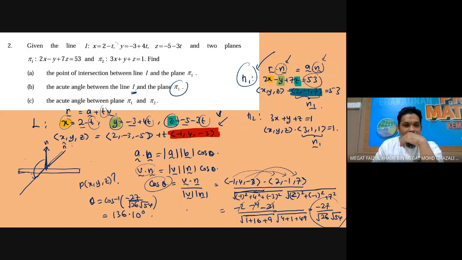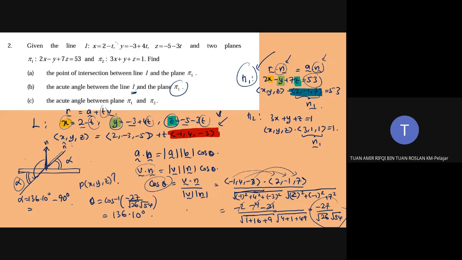So this angle equals the opposite side of this, which is this one here, alpha and alpha. So to get this alpha, which is equal to 136.10 degrees minus 90 degrees. And tell me, what is the result of this? 46.10.